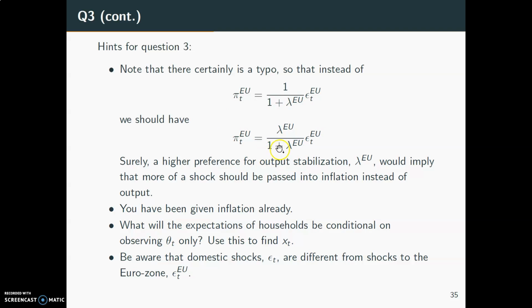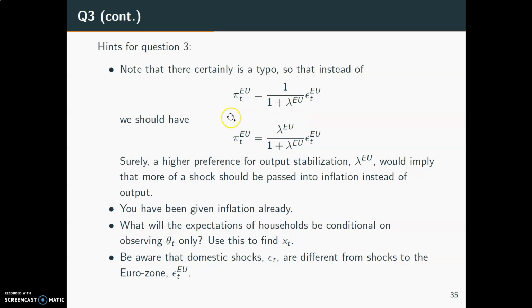Okay, so in this question you have been given the inflation rate already. So what you should figure out is what the expectations of households will be conditional on observing theta t only.